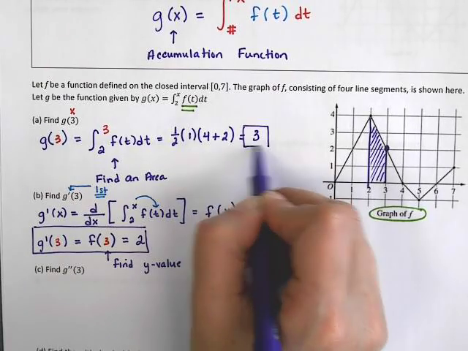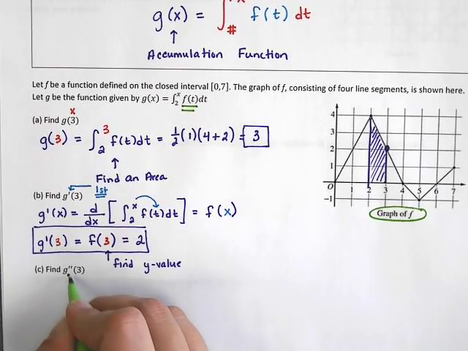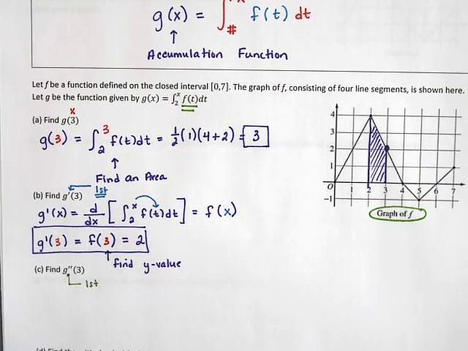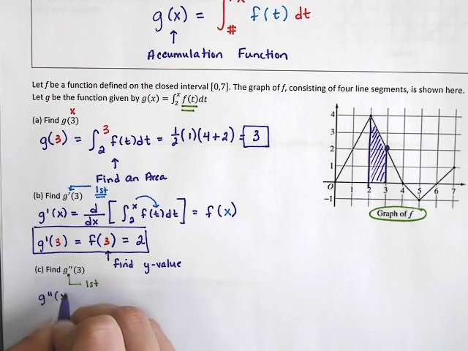For finding g double prime of 3, first, we're going to need to actually find the second derivative. Then we can plug in the number 3. So to find the second derivative, I'm just going to take the derivative of what I just had.